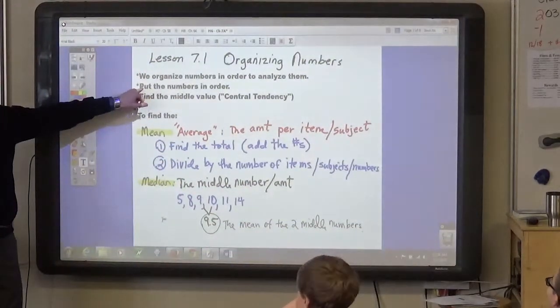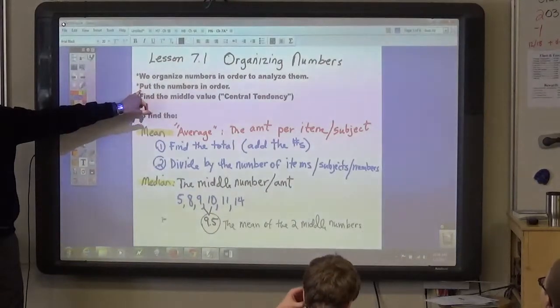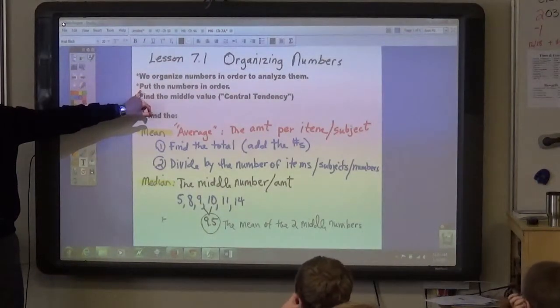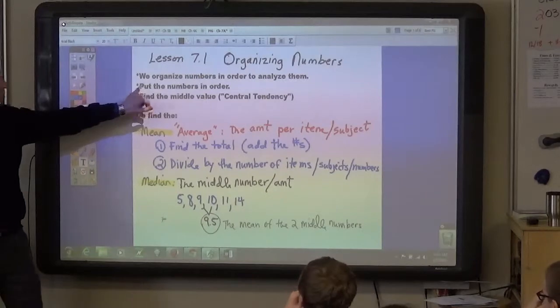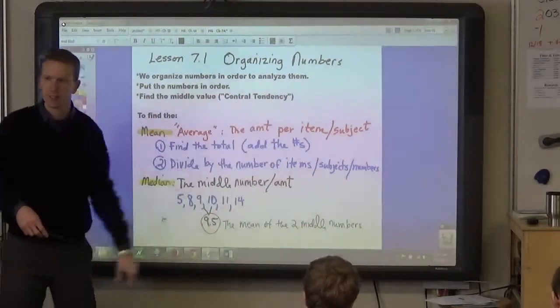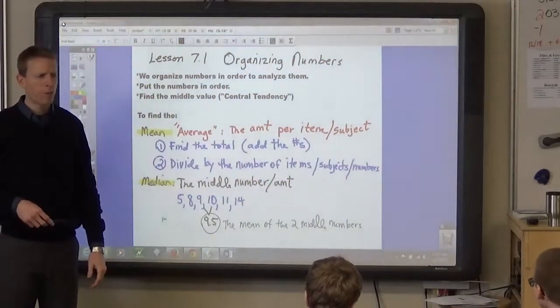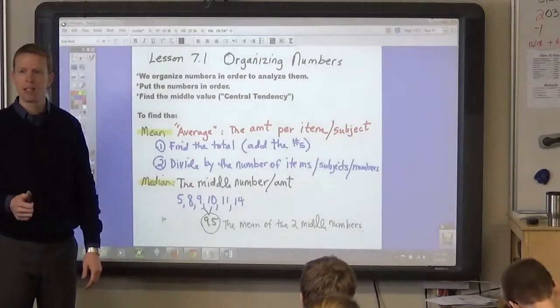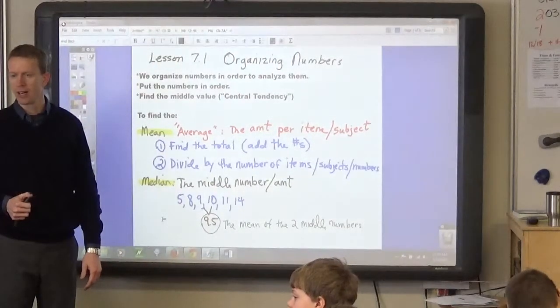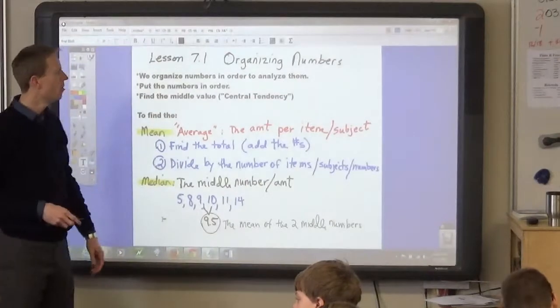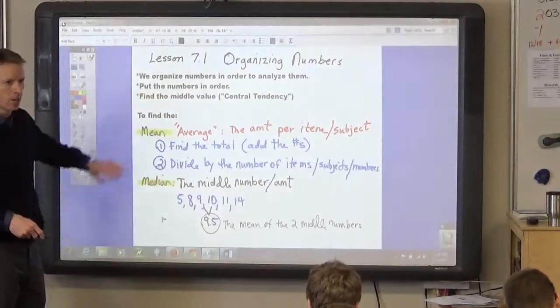The first thing you have to do when you're analyzing numbers is put them in order. And there are different ways to put them in order. One of them is just to list them, least to greatest. Another is to use a stem and leaf graph, which we're going to learn about later. These help us to find the middle.